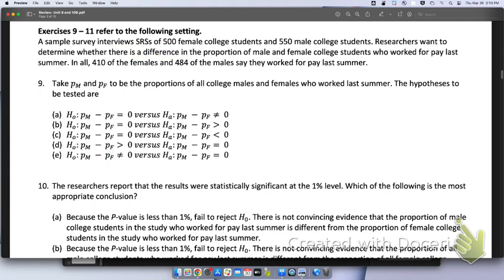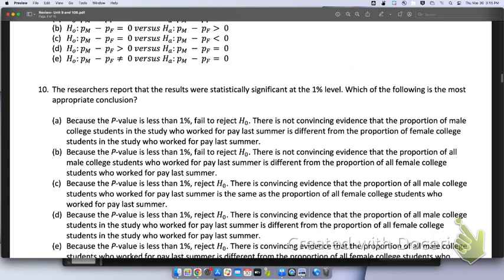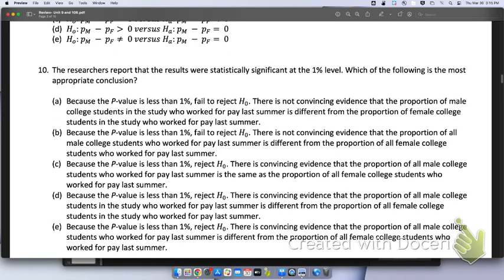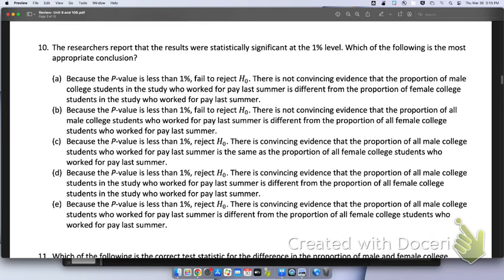Number 10, the researchers report that the results are statistically significant at the 1% level. What does it mean for something to be statistically significant? That means that our p-value was less than our alpha value, and we therefore rejected the null hypothesis. And why did we reject the null hypothesis?